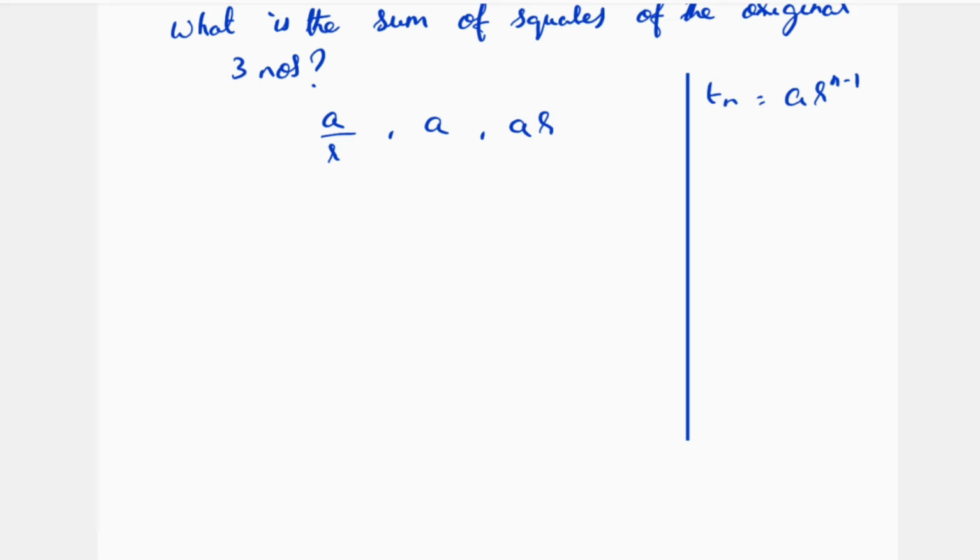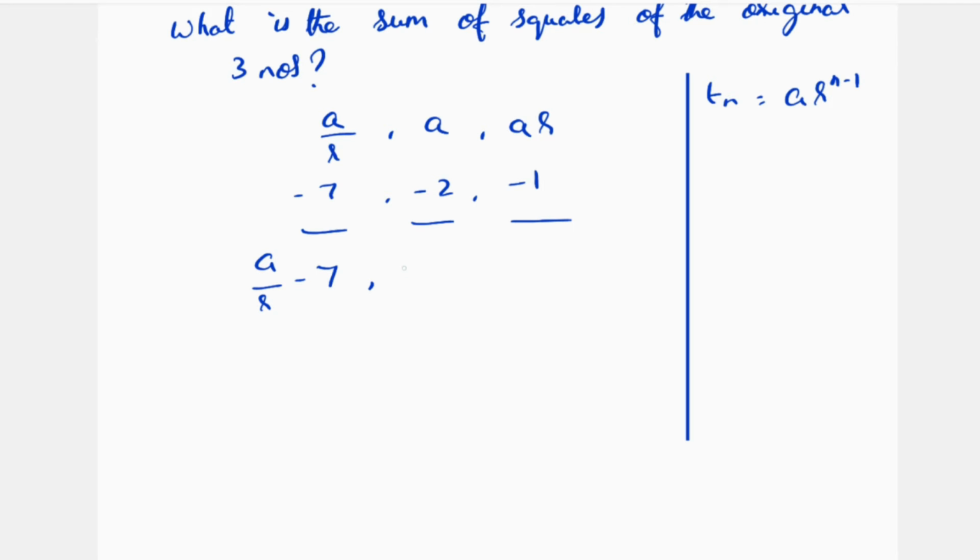Now what happens, they have said that when I subtract 7 from the first number, 2 from the second number, and 1 from the third number, in this precise order, I will be getting an arithmetic progression.